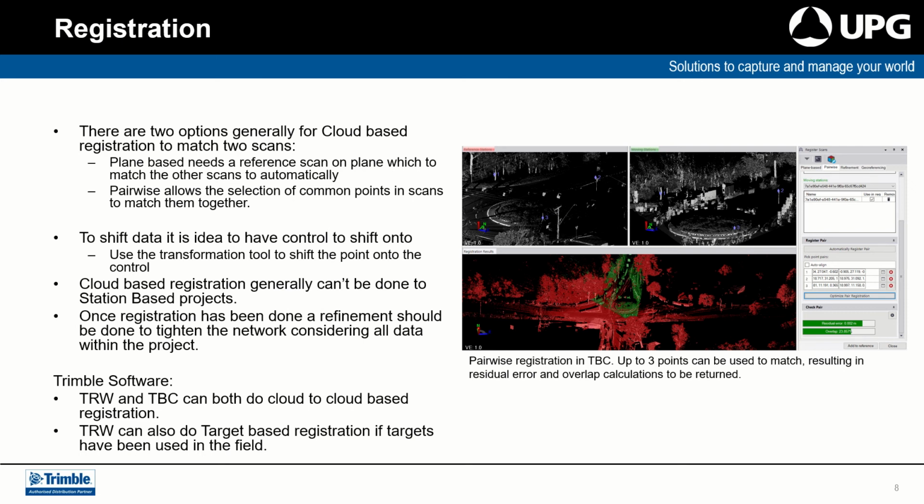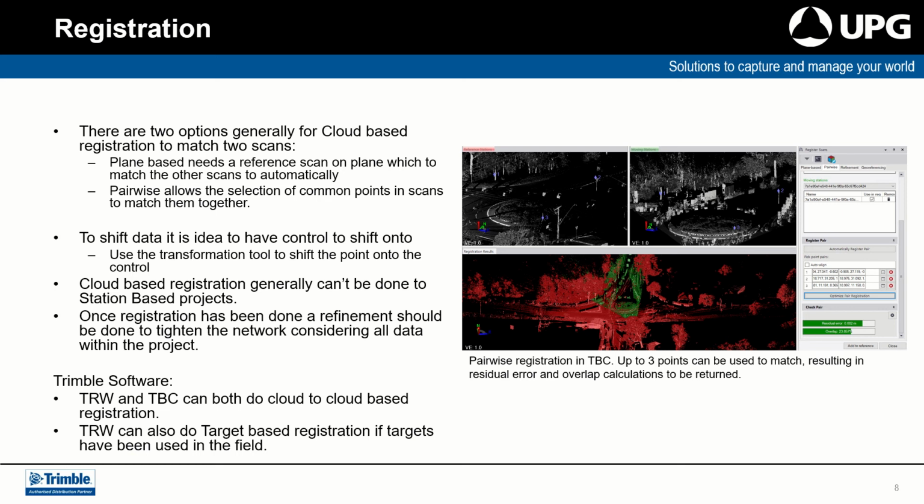There are different types of registration tools that can be used too. There's plane-based, which will use different planes to lock the data together and to try and get it to fit, or pairwise, which allows you to identify common areas in two different scans to help the system identify where it's matching the data to.